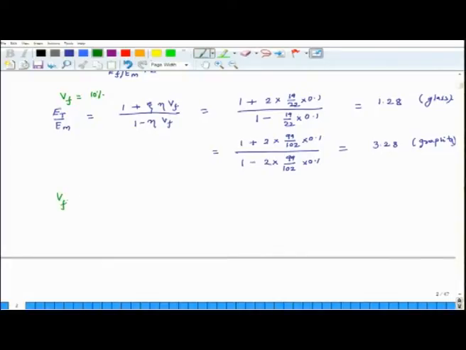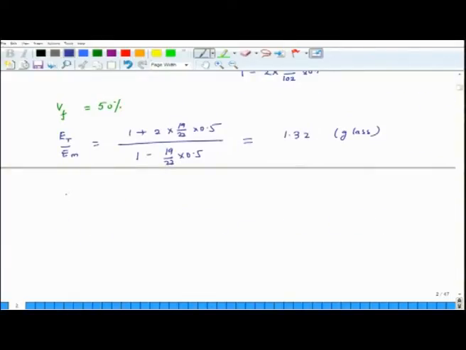For V_f equal to 50%, E_t over E_m is equal to 1 plus 2 into 19 by 22 into 0.5 divided by 1 minus 19 over 22 into 0.5, and that comes out to be 1.32 for the glass system.